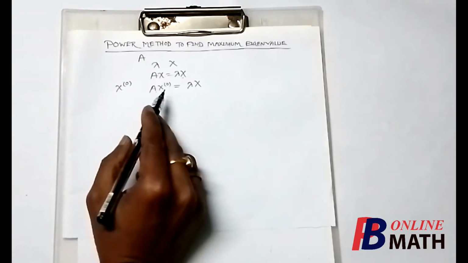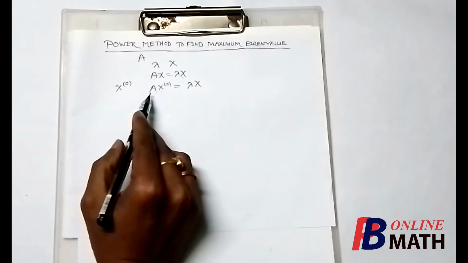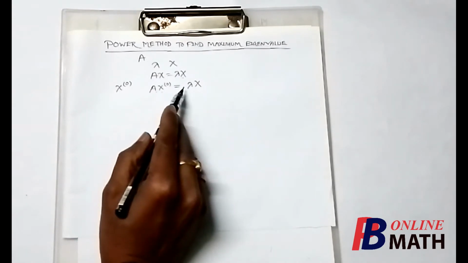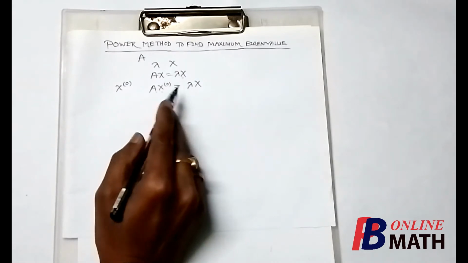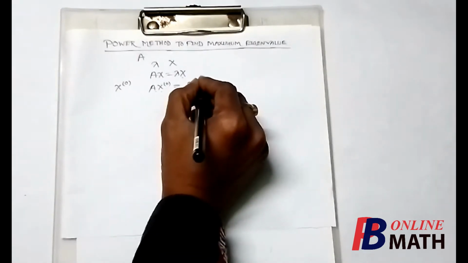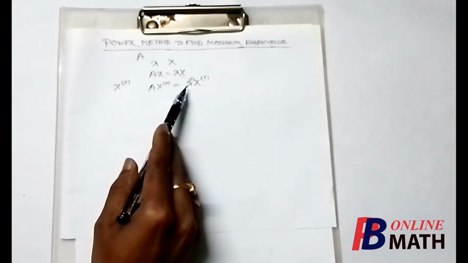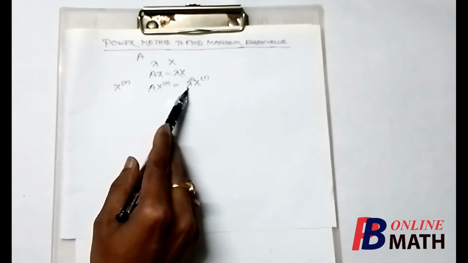Now this states that if we multiply A with the initial eigenvector x0, then in the product if we take lambda common, we shall get the next approximation of the eigenvector, and this lambda will be the first approximation of the eigenvalue.